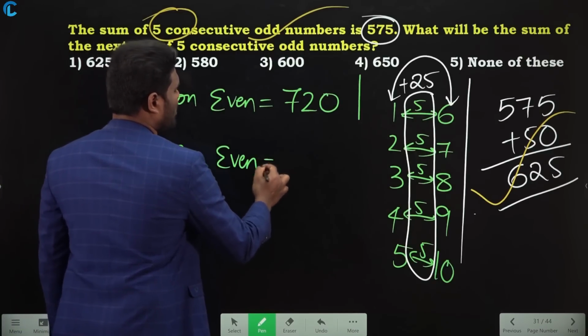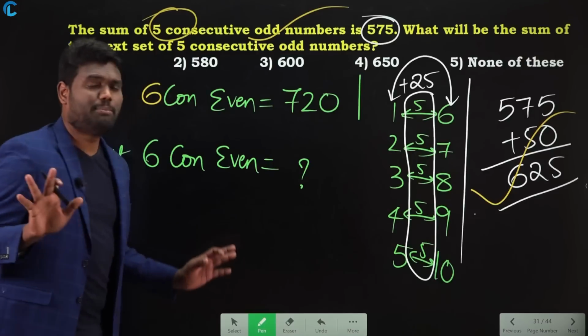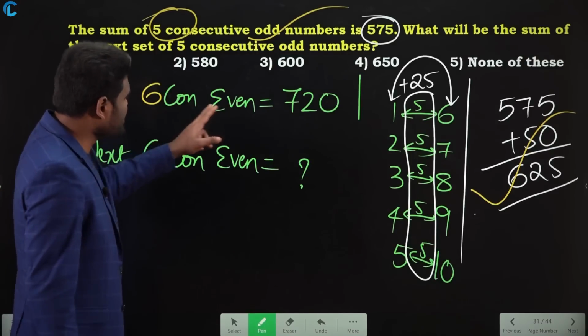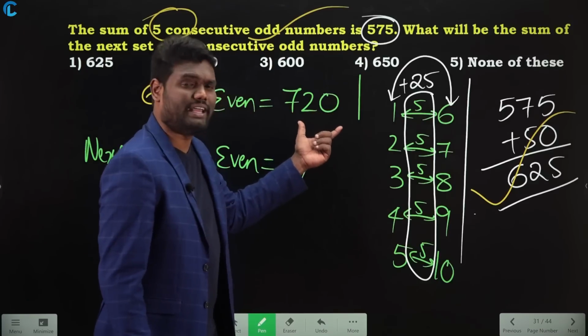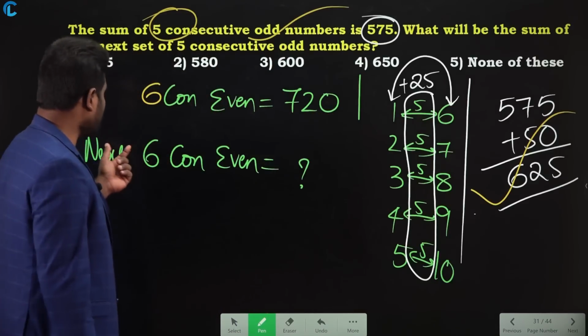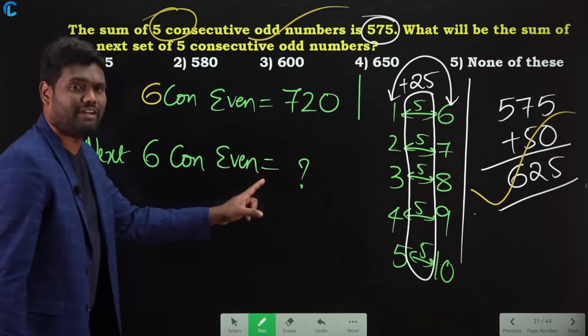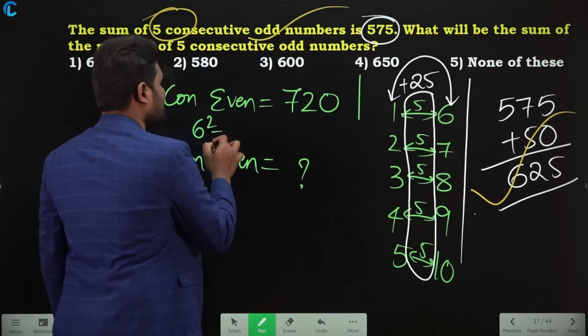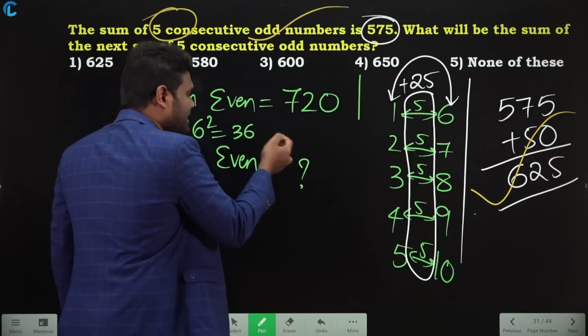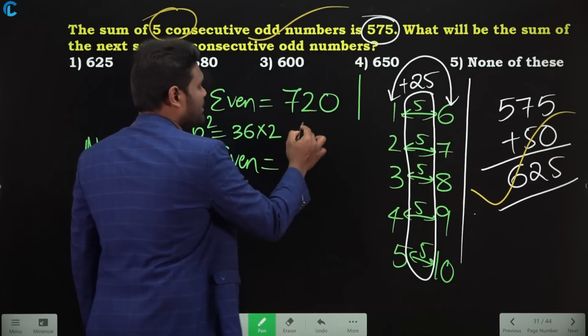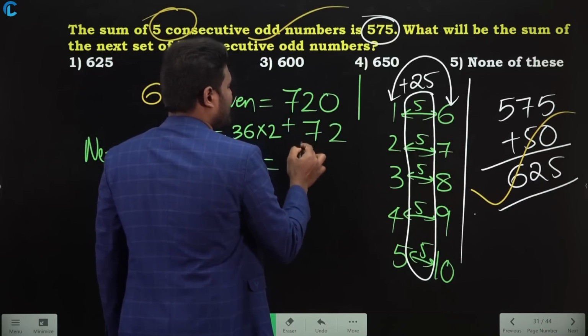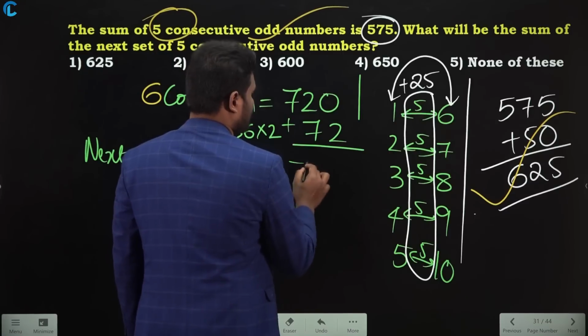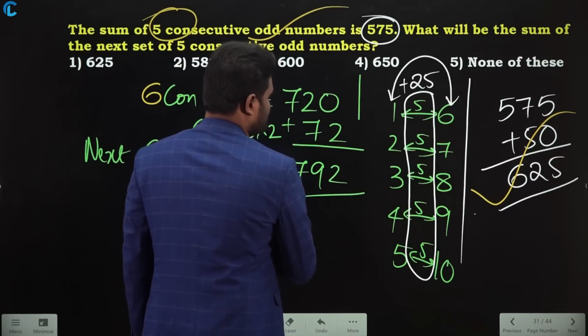If I ask you what is the answer for this question, simply what you need to do: the 6 consecutive even numbers sum is 720, and to find the sum of the next 6 consecutive even numbers, take 6 square. What is 6 square? 6 square is 36, and you need to double it. 36 double is 72. Directly add it, so the answer is 792. This is going to be the answer.